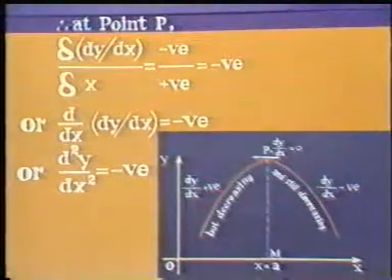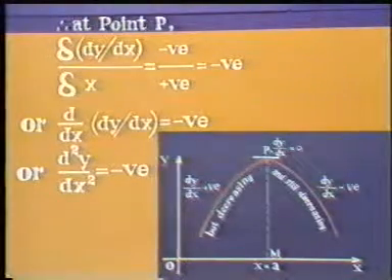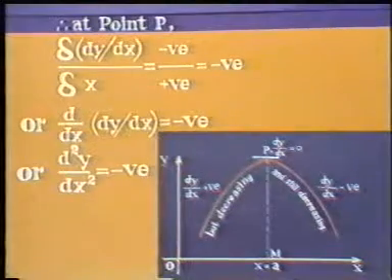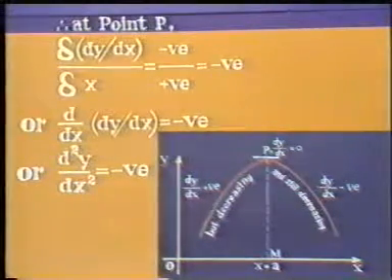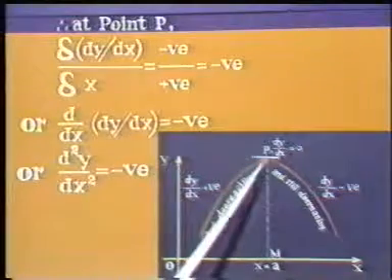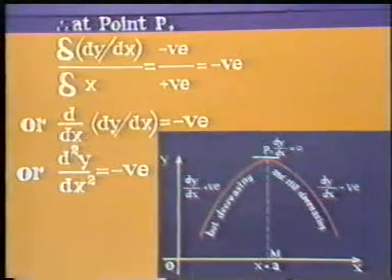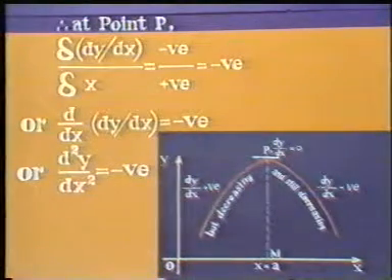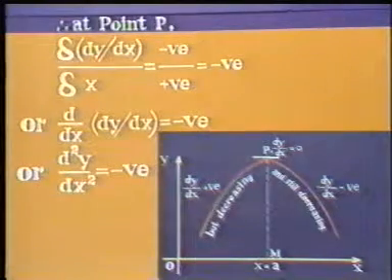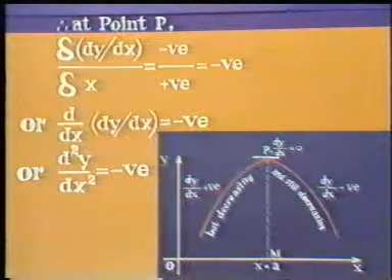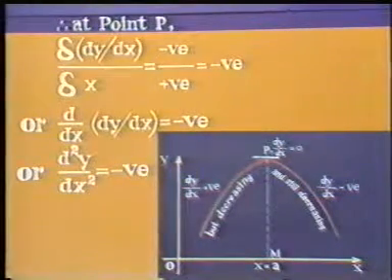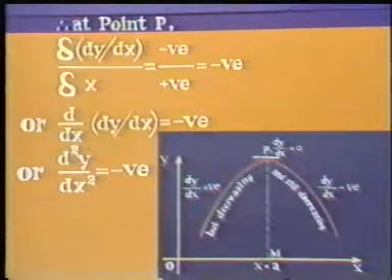Thus, the increment in x, namely delta x, is positive, and the increment in dy upon dx, namely delta of dy upon dx, is negative. Therefore, at point P, delta of dy upon dx divided by delta x is equal to negative divided by positive, which is negative, or d of dy upon dx is negative, or d square y upon dx square is negative.